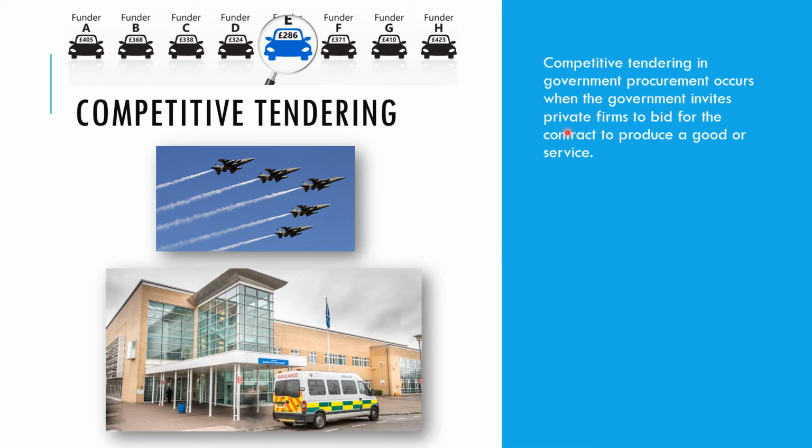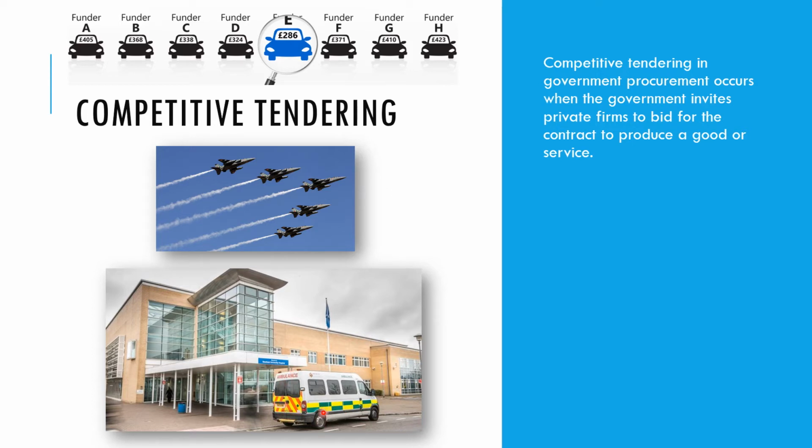What we could do is invite private companies to bid to us for the right to provide this service. So we might say, okay, we now have 3 different companies trying to get paid to provide the service of running the ambulances.